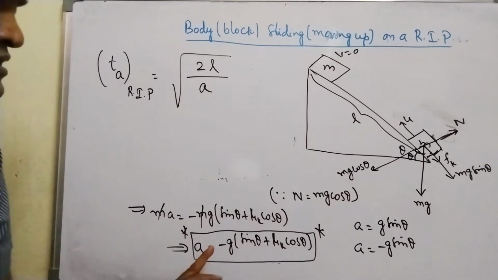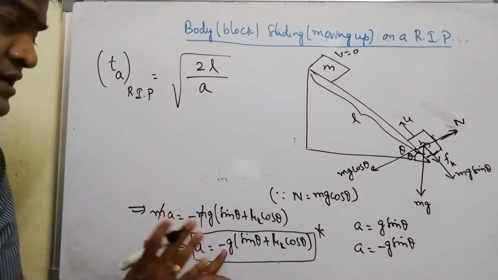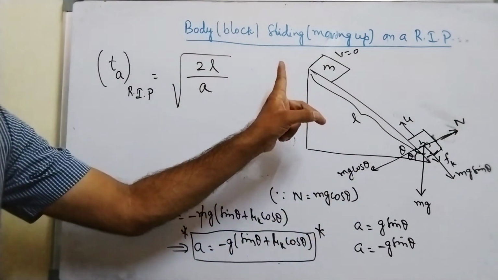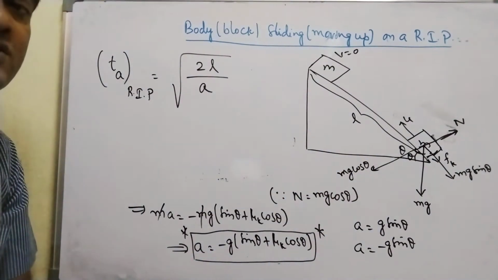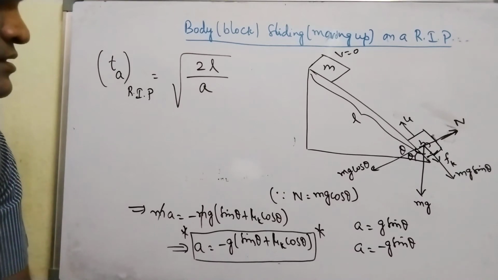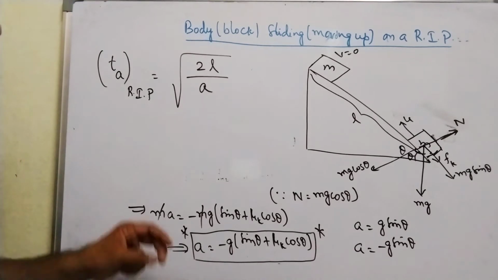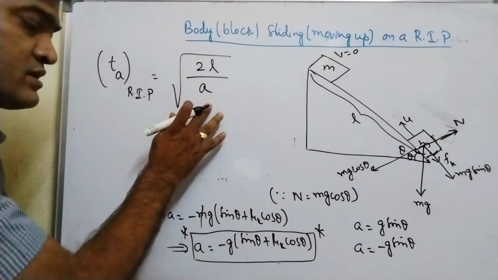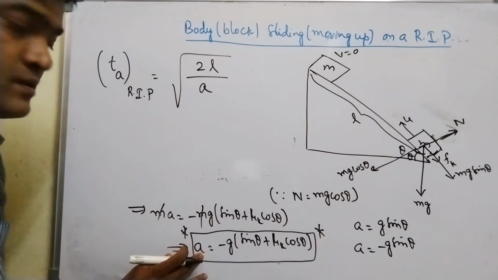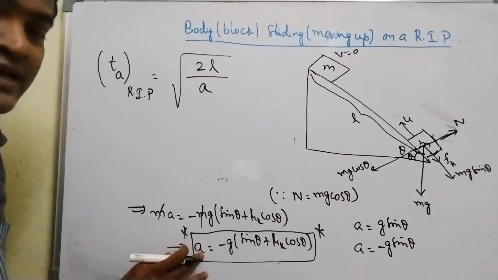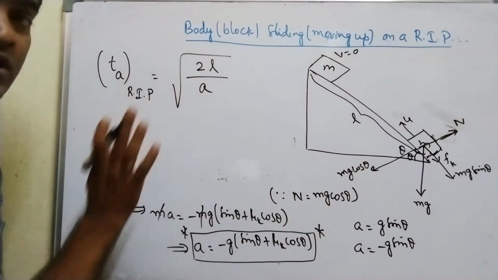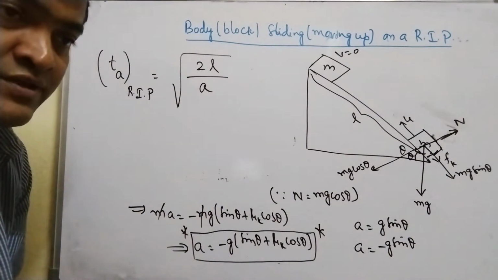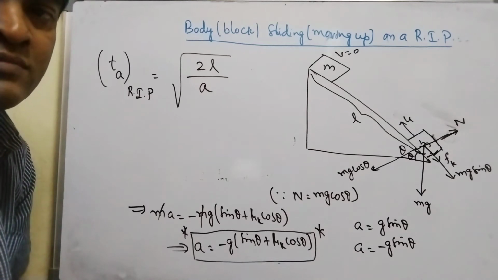Here the negative sign indicates that the block is moving upwards, so its velocity is getting decreased. Right. So for the time of ascent, root 2L by A, you have to write the formula for acceleration. Don't put a negative sign, because time cannot be negative, and moreover, if you have any minus sign under the root, that is imaginary.